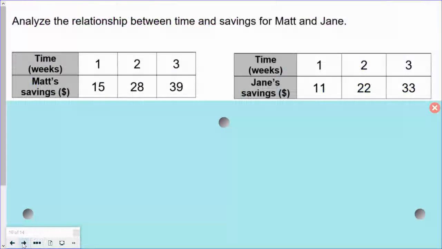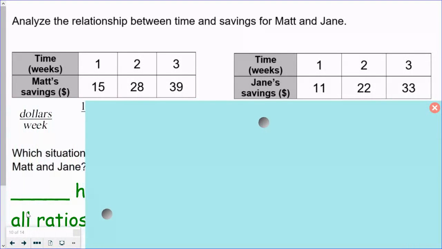Okay, so let's look at these two for a quick review. If I have this table of how many weeks and how much money Matt is saving each week, and then I have Jane saving money too, the same amount of weeks, will I see which one of these actually is proportional? With Matt's, you're going to compare your dollars and your weeks.